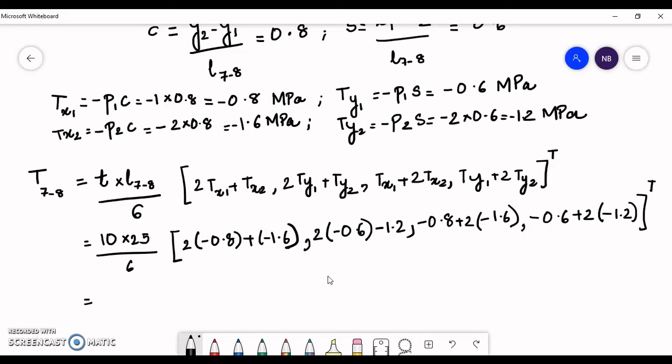On multiplying and adding these terms, we get minus 133.33, minus 100, minus 166.67, minus 125, and the unit will be Newton.